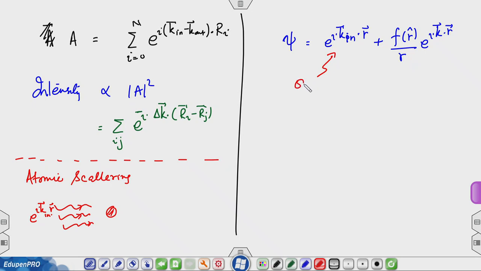This is the original wave and the second term is the scattered wave.